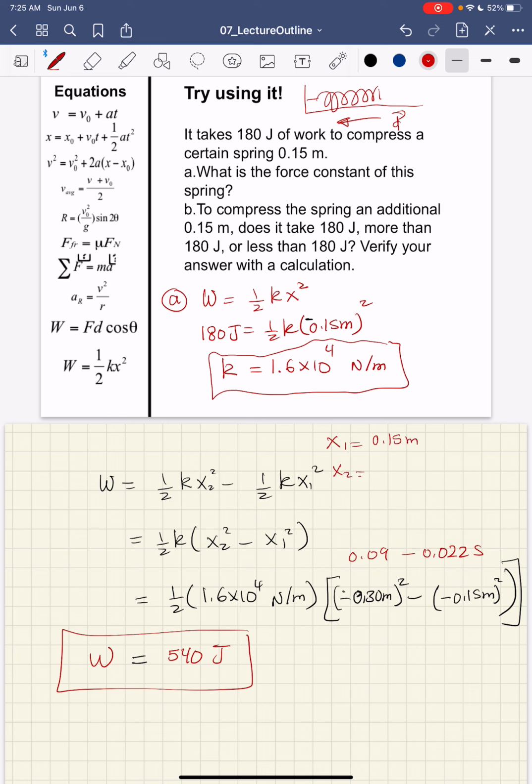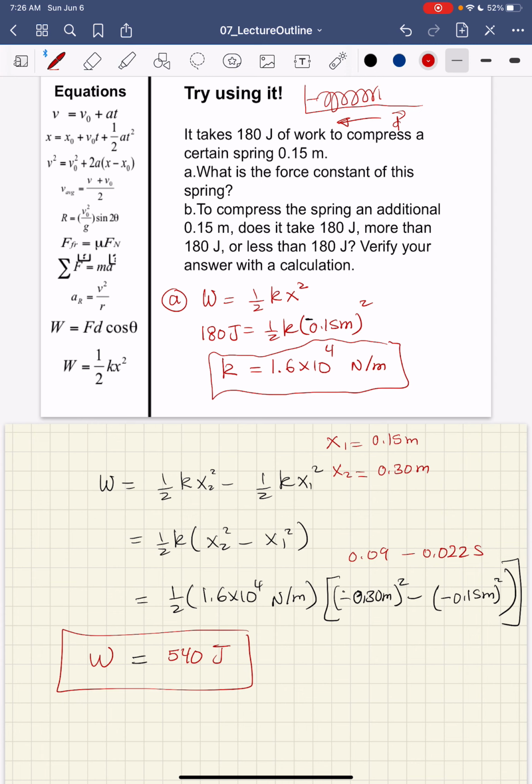And for the second one, it's going to be an additional, then it's going to be 0.3 meters. And then I will say, in order for me to go from 0.15 meters to 0.3, I need to calculate the work done as 1/2 k x2 squared minus 1/2 k x1 squared.